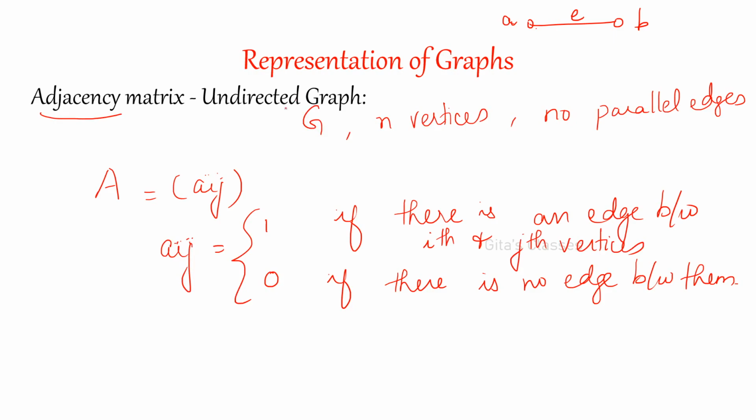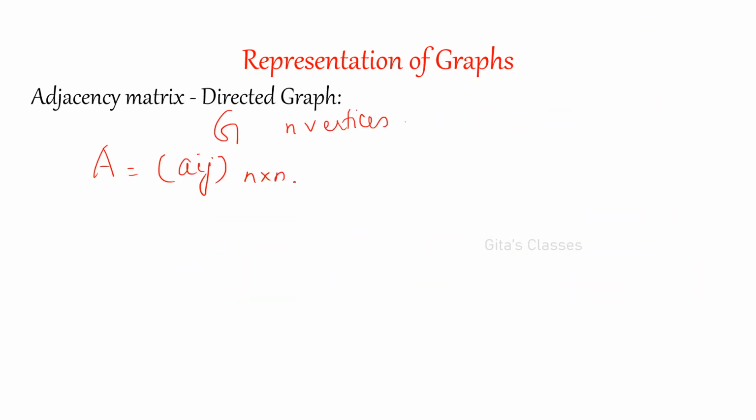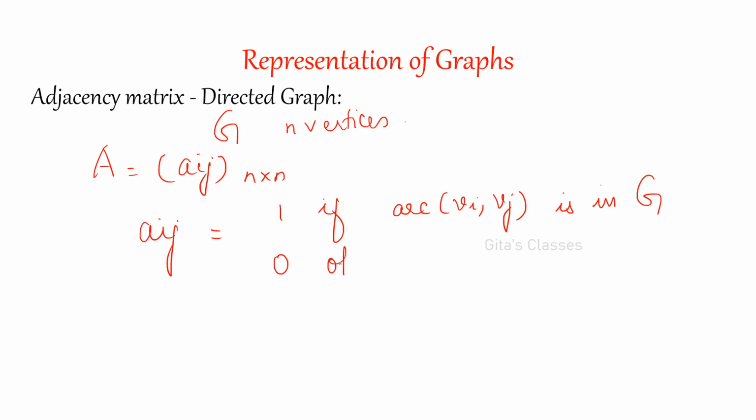Even here also it is a square matrix of order n by n. Then Aij is defined as 1 if the arc (Vi, Vj) is in G, and 0 otherwise.